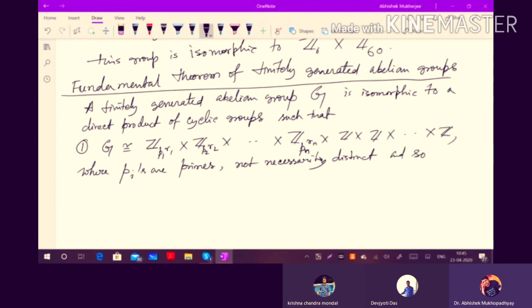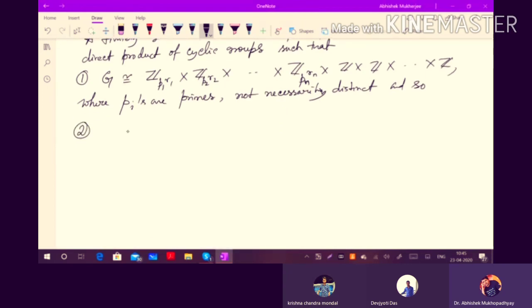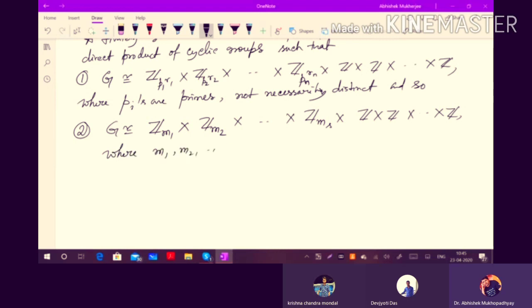And G is isomorphic to Z_{m1} cross Z_{m2} cross ... cross Z_{ms} cross Z cross Z cross Z, where m1, m2, ..., ms are positive integers satisfying mi divides mi+1 for all i equal to 1 to s minus 1.